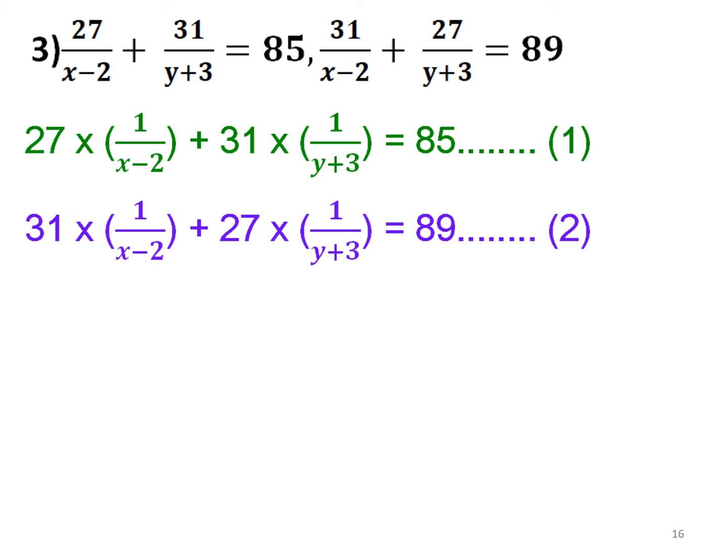31 into 1 upon x minus 2 plus 27 into 1 upon y plus 3 is equal to 89 is my equation 2.